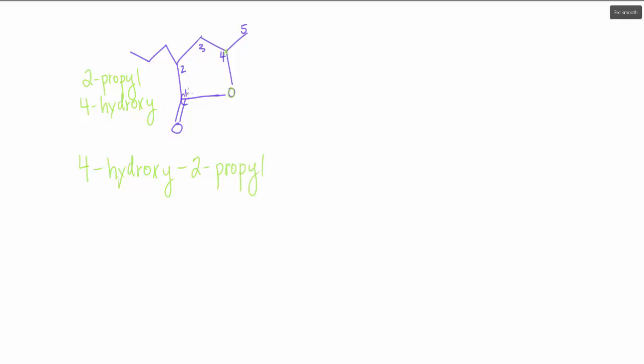What is my longest chain? 1, 2, 3, 4, and then 5. So this is going to be pentonic acid lactone. All right.